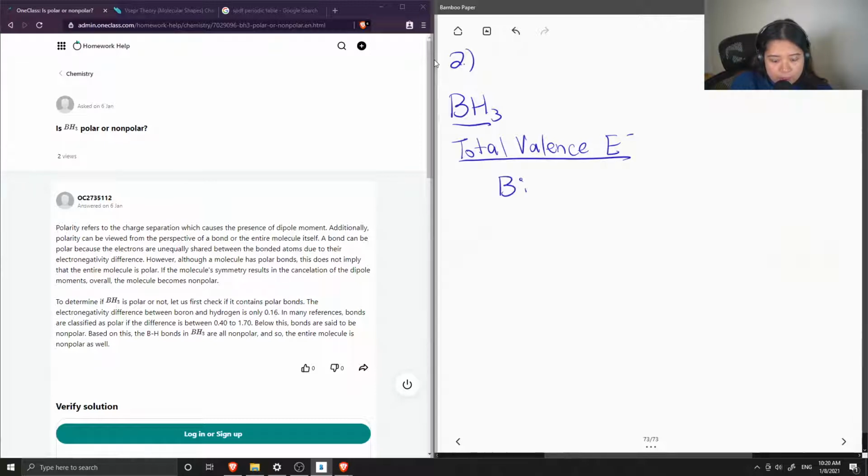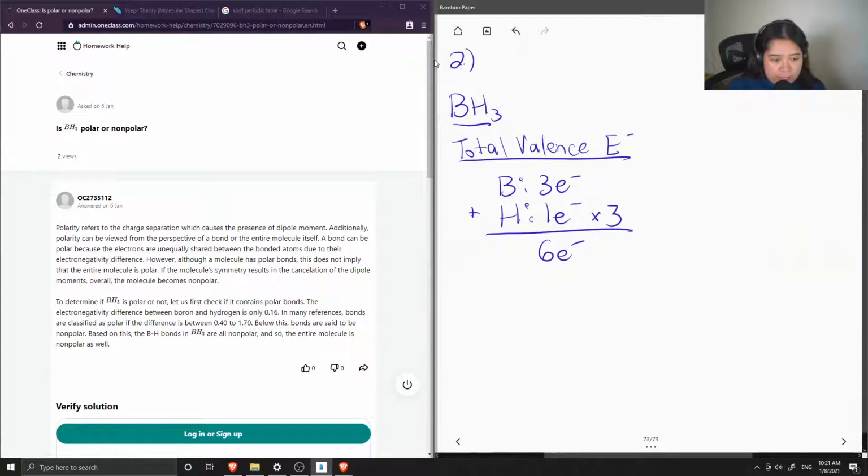Boron has 3 valence electrons, and hydrogen has 1. There are 3 hydrogen atoms in BH3, so we multiply that and get a total of 6 valence electrons.